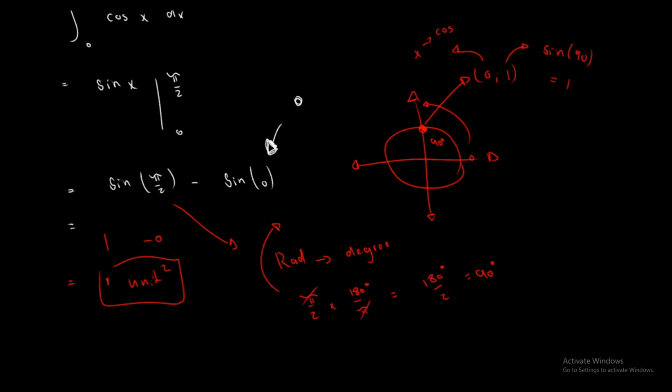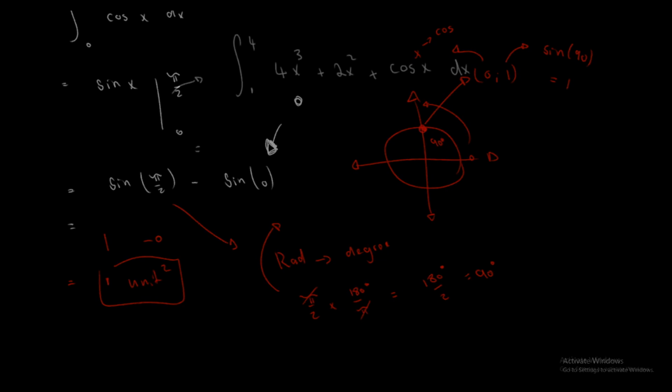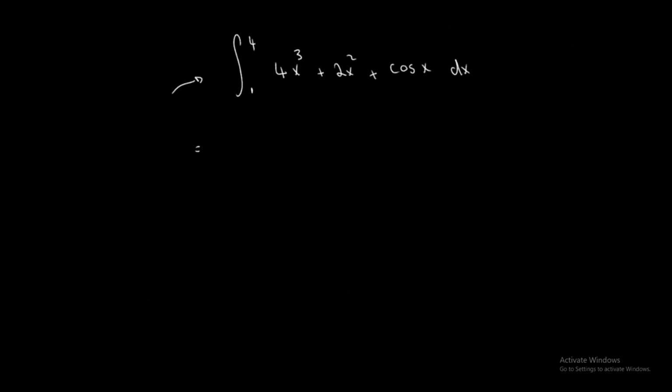Okay. I'm going to have a new blank page for the next one. Now, I can rewrite this using the property of integrals, where I have 4x cubed plus 2x squared plus cosine x dx.